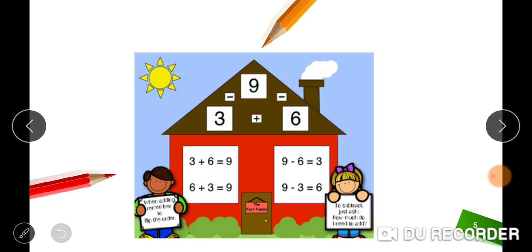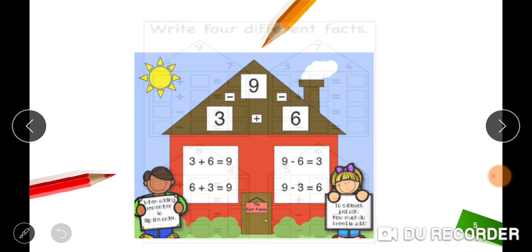When you create your addition number sentences, you flip the numbers. 3 plus 6, and the next addition number sentence, you say 6 plus 3, you still get the same answer. The answer remains the same. It is the other two numbers that get to be flipped. Okay? Alright, let's move forward.